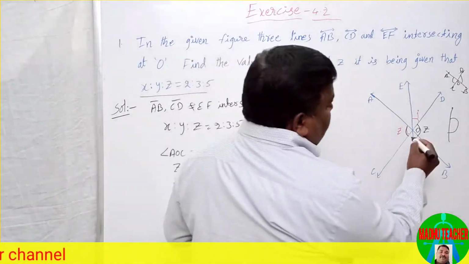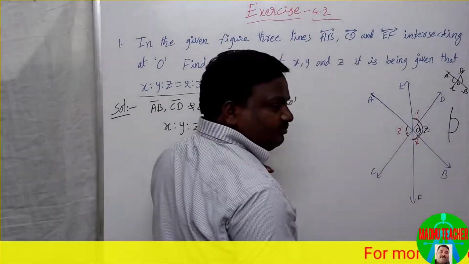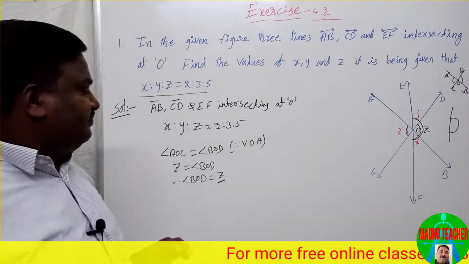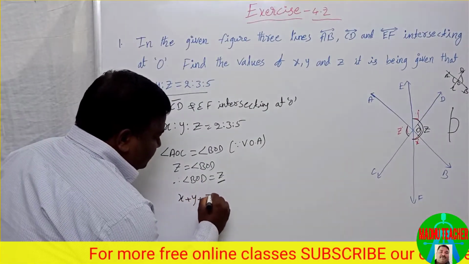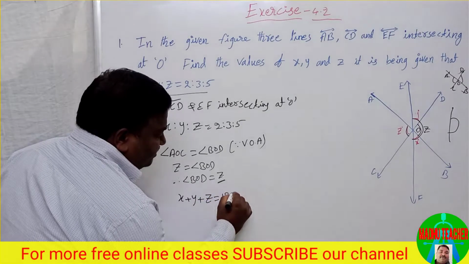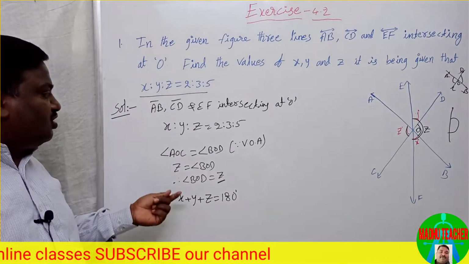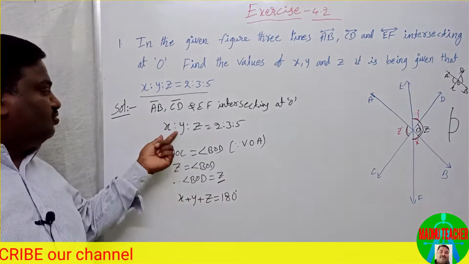Therefore angle X plus angle Y plus angle Z equal to 180 degrees. So what you have to do is divide this 180 into this ratio.